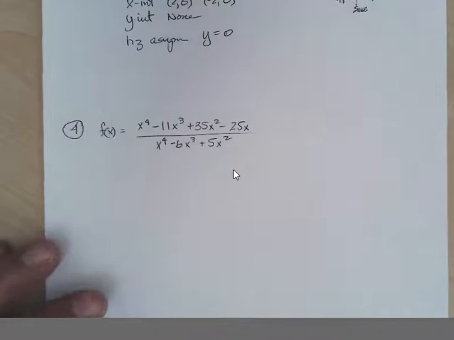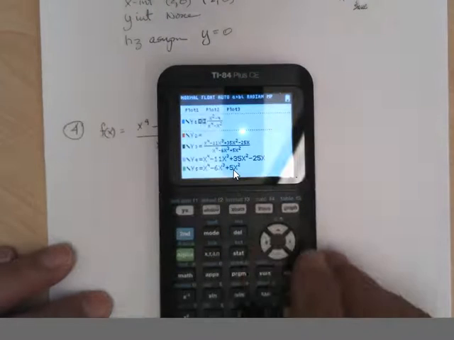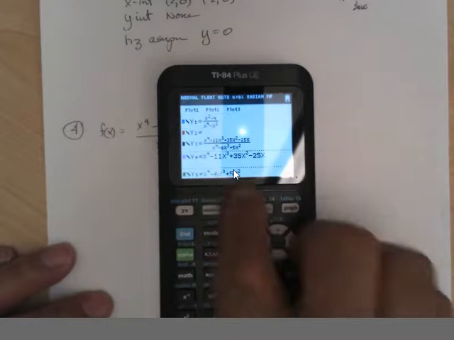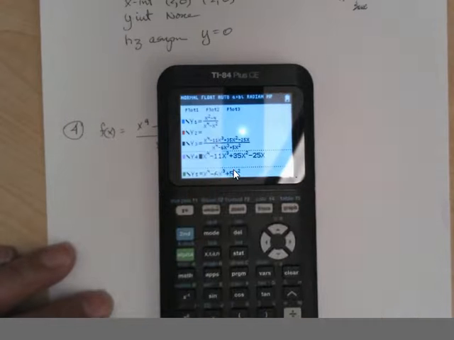Number 4. So we need the factor, so I'm going to go to y equals, turn that one off, and this is the numerator of number 4.